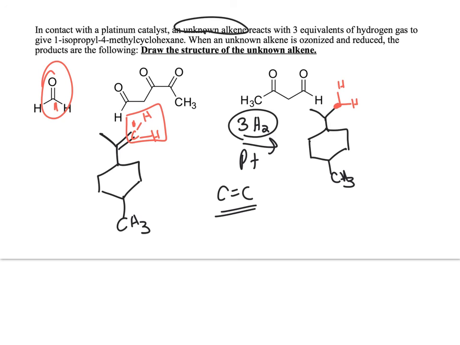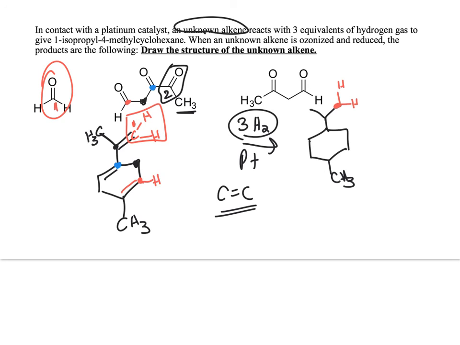So if this is your CH3, and this is bonded to 2, that would be your 2, and then you would have another carbon-carbon double bond here, and then this would be your CH2 here, and then this would be your aldehyde here.